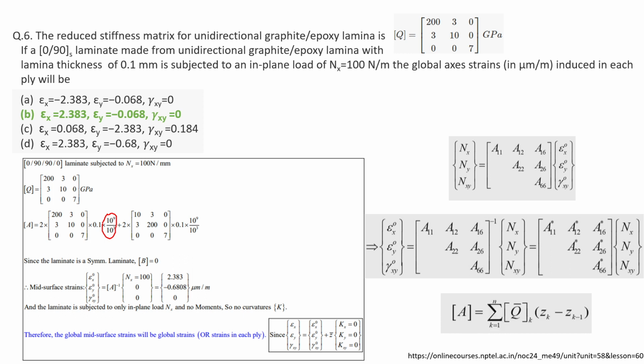So millimeter is converted into 10 to the power minus 3 and gigapascal into 10 to the power 9. Similarly, we add and multiply by 2 for the 90-degree lamina. So 2 into the 90-degree lamina's reduced stiffness matrix, where, as I explained, we just have to interchange the Q11 and Q22 values from 0 to 90, and then multiply by the thickness again. So this calculation will give you the whole A matrix.